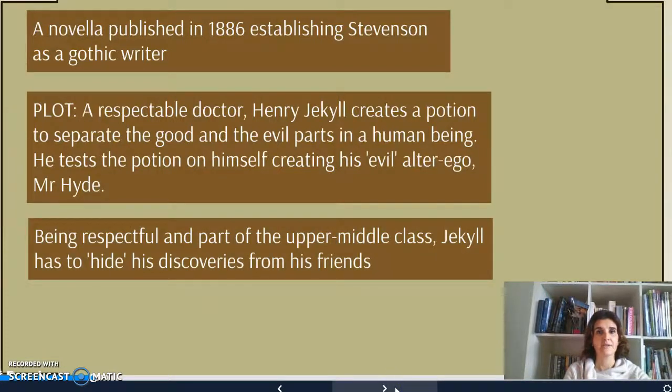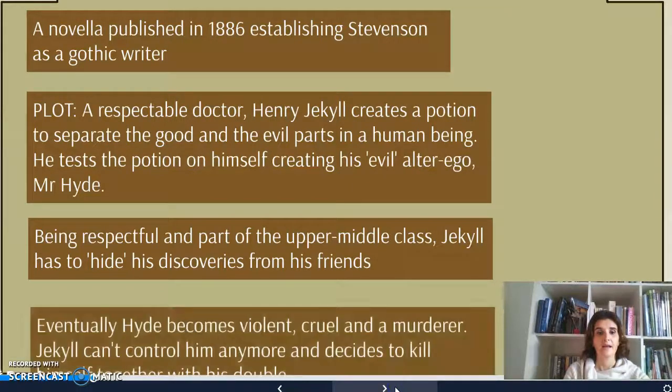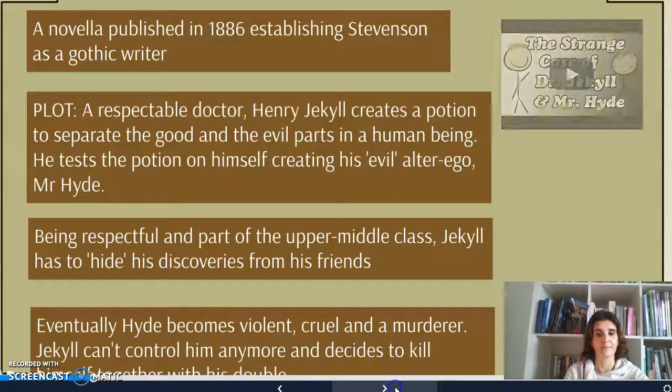Being a respectable Victorian upper middle class doctor, Jekyll has to hide his findings from his friends. And eventually Hyde becomes very cruel, very violent, and even a murderer. Jekyll can't control him anymore, and so he has to suppress his creature, this monster, and himself at the same time.